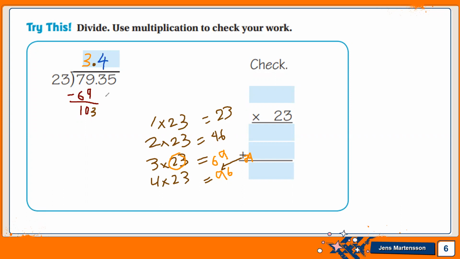4 is the same. Here you have number 5. You will see now, 5 times 23 is 115. Now where is 103? Exactly, that's it.